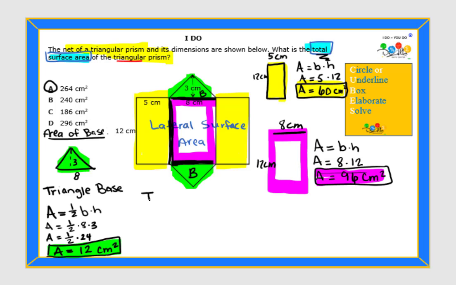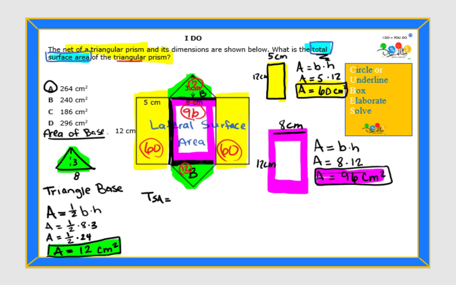So the total surface area is all of the areas of each piece, and we're going to put them together. So let's start with our bases. We know that each one was 12. So this one's 12 and this one's 12. The yellow shaded rectangles we found were 60 each. And then our pink rectangle is 96.